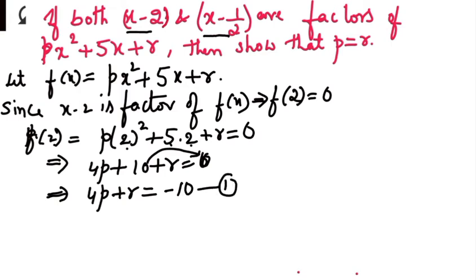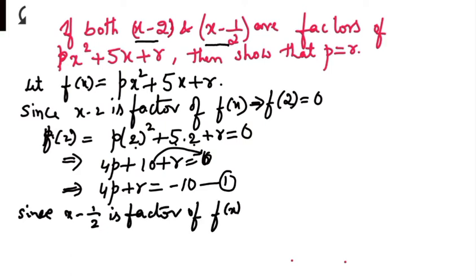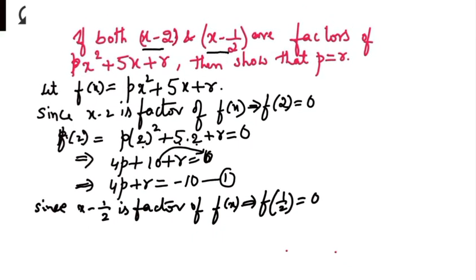Okay, let it be equation 1. Now similarly, since x minus 1 by 2 is also a factor of f of x, we get f of 1 by 2 is equal to 0. Now substitute 1 by 2 in this x.